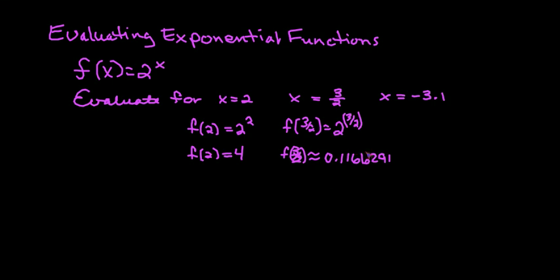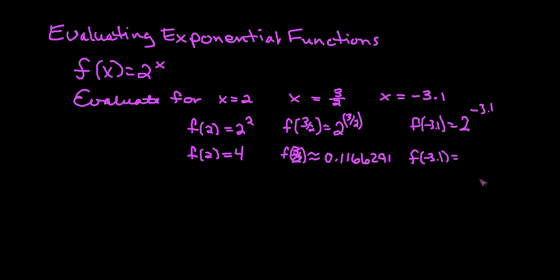So same thing here, we would just plug in negative 3.1 in place of x and do 2 raised to the negative 3.1 power. Again, we'll let the calculator do the work. Turns out to be approximately 0.4647580.